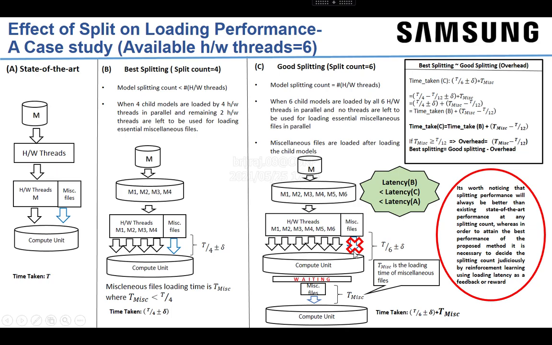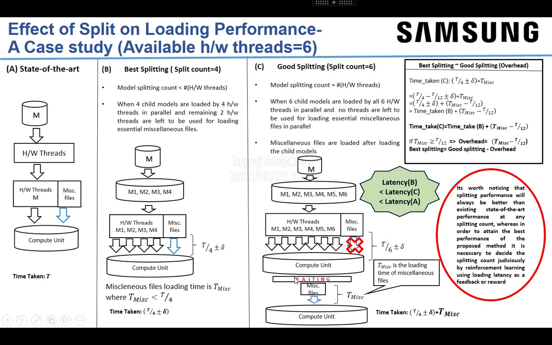When the model loading happens first, then the loading of the miscellaneous files happens second. Because of this additional sequence, the overall latency will be more than what we were attaining at t by 4 with 4 decompositions, right? So here it also says that the best splitting is the good splitting minus overhead.